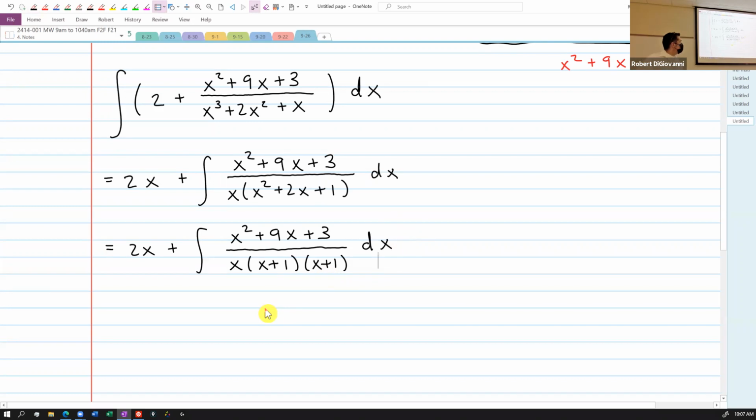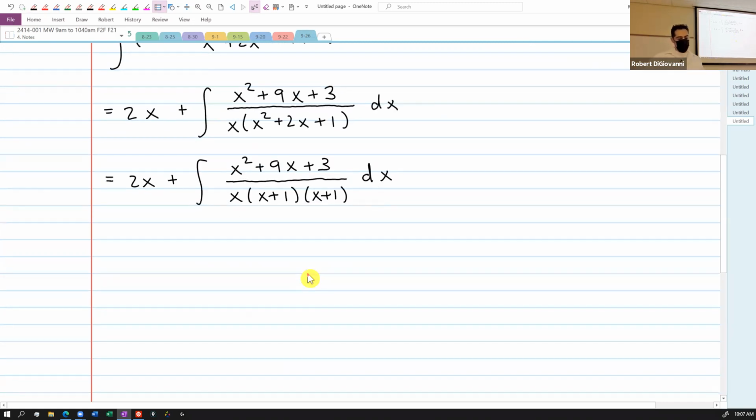So when we look at this, the x plus 1 times x plus 1, these are the same factors. So we actually have, for the first time, a repeated linear factor. So the way we normally write this is we write 2x plus integral x squared plus 9x plus 3 over x, and then we write x plus 1 squared.